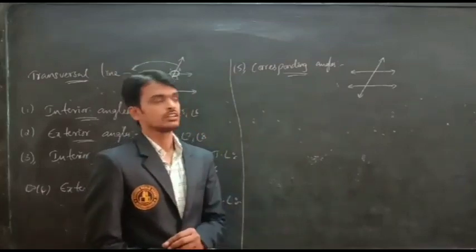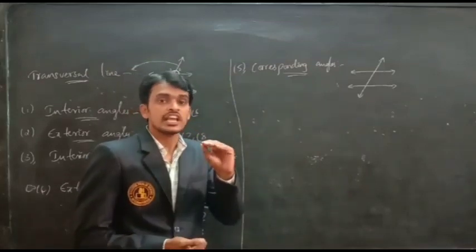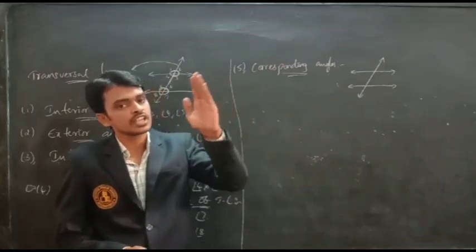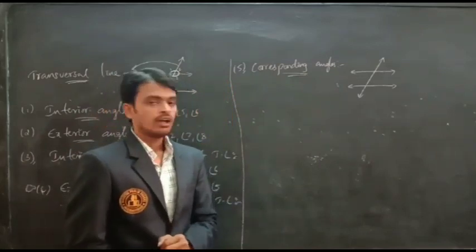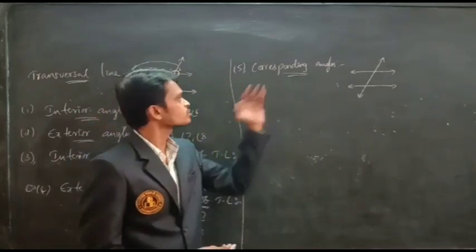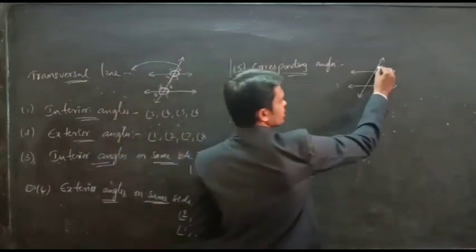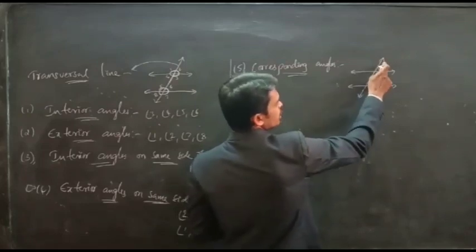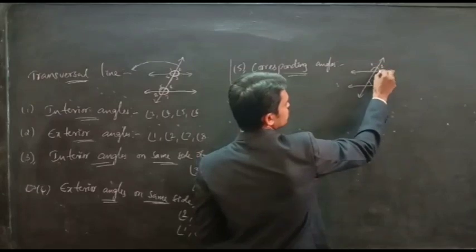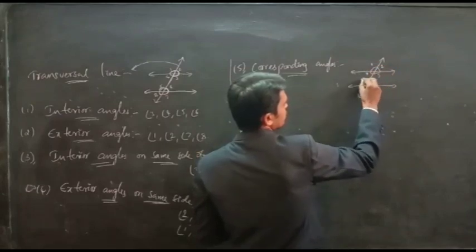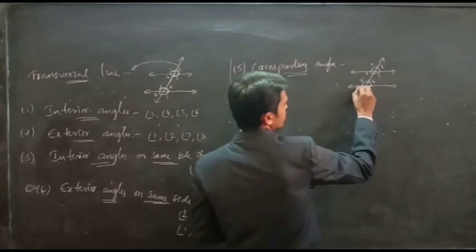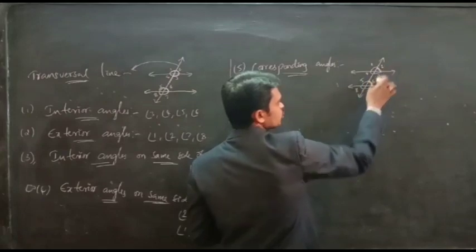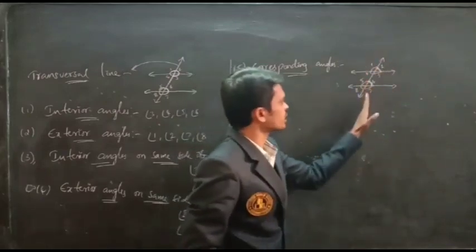The angles where one is exterior and one is interior, and both are on the same side of the transversal line, are called corresponding angles. So you can write it: one is exterior, one is interior. Here are angles 1, 2, 3, 4, 5, 6, 7, 8. One is interior and one is exterior: 2 and 6, on the same side of the transversal line.